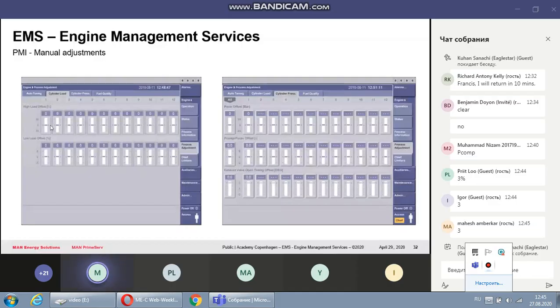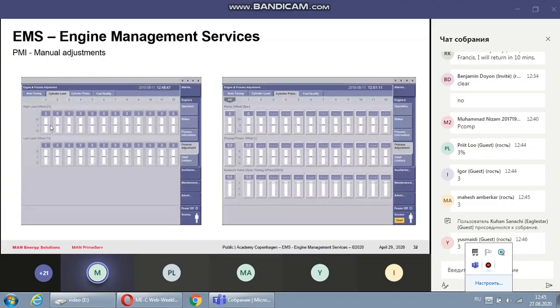I'm waiting for the value. Three. 3%. Plus or minus?